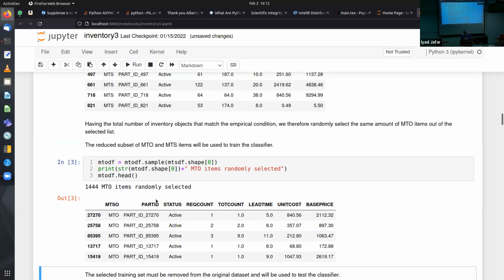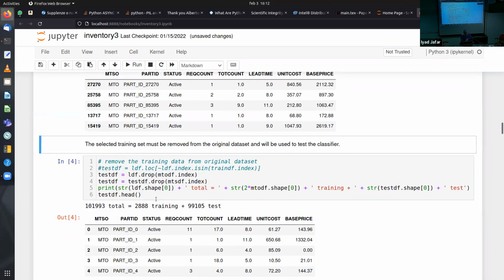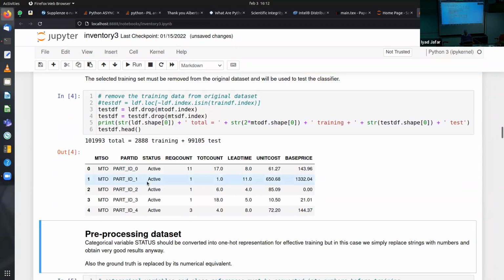Okay. So we have a good selection, and we join the two data sets in order to have a training data set. So you see here that we have sub-selection in which we have our training data set. It's around 3,000 items, an equal number, as I said, MTO, MTS. The rest is test, in order to see what is the accuracy and the indicators that we can achieve.